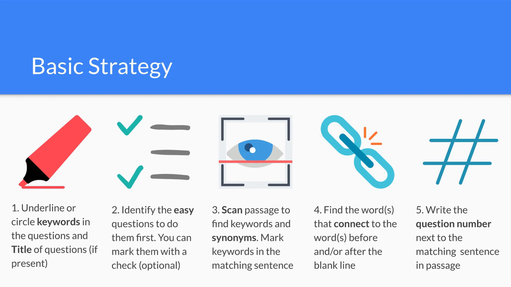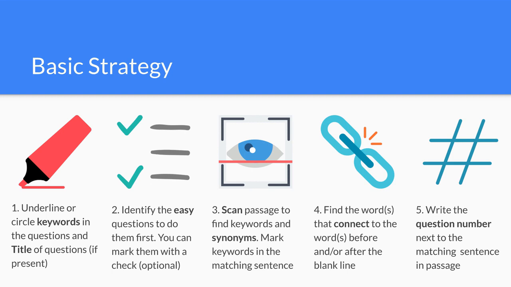It has to fit from a grammatical point of view, and the structure has to fit. In that sense, this is kind of like a jigsaw puzzle. You have to make sure that the pieces fit together. So the connecting words will tell you whether the answer that you have chosen is the right answer or not.